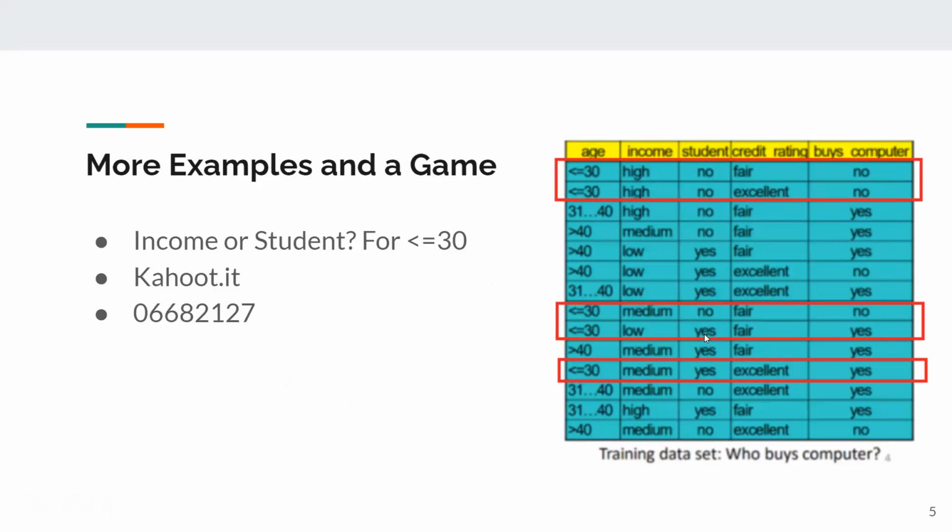When the customer is a student, we find that the value is yes and yes. This is why we don't use the income feature, because the median value here and here contains different classes, which is yes here and no.